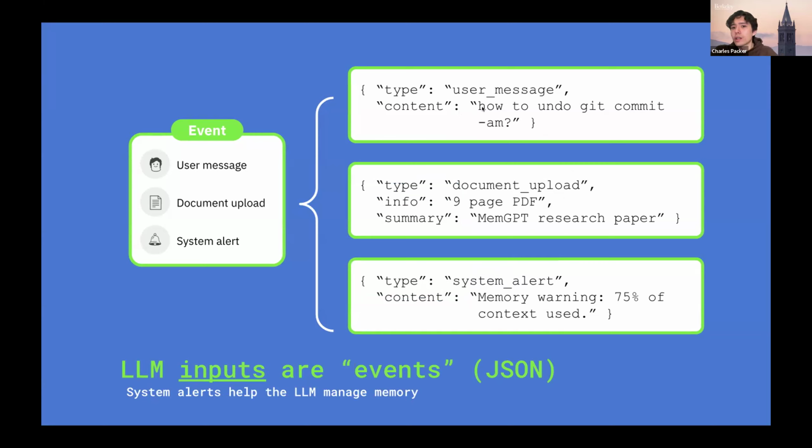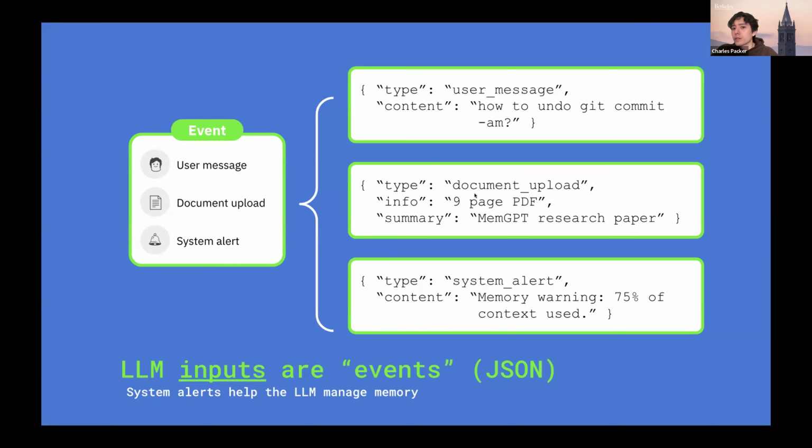This is literally the string that's getting put into the context, the raw context that the transformer sees. The cool thing about passing everything as JSON is that you can also tag other kinds of metadata, like document upload, and type that into the transformer. And because everything is JSON, LLMs start to role play what they see as input.